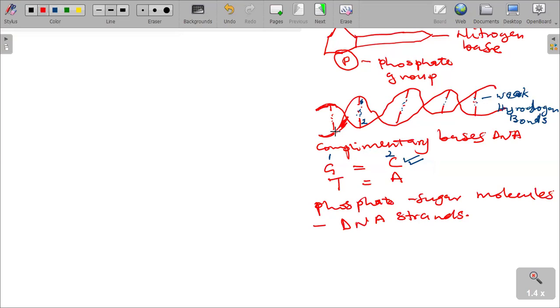And then we can similarly illustrate a simple structure of RNA. RNA can be just like that, a single strand.